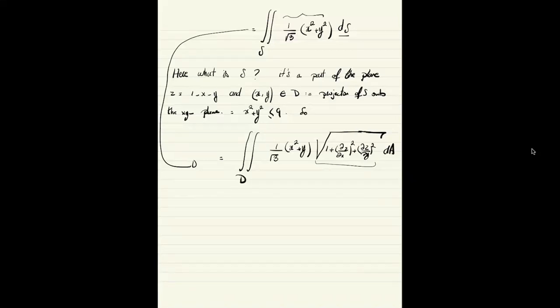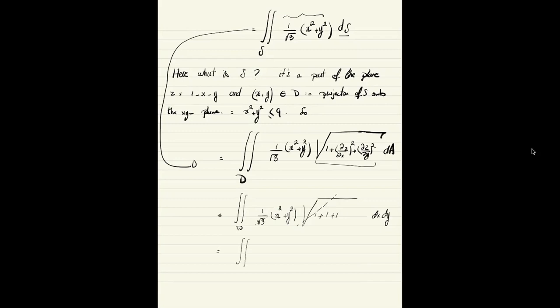Now, this is the integral over D of 1 over square root of 3 times x squared plus y squared, times square root of 1 plus 1 plus 1, dx dy. Now, this one cancels out with this one.